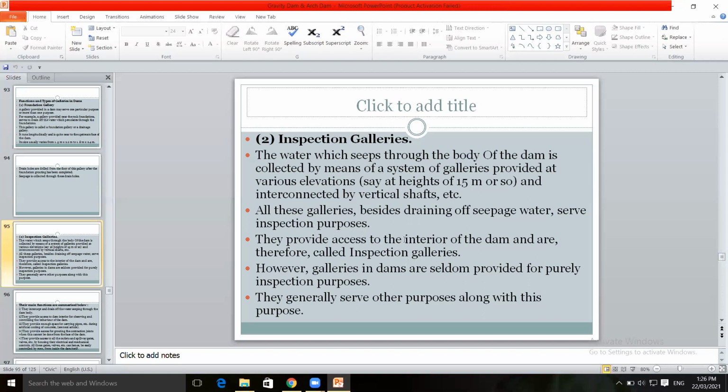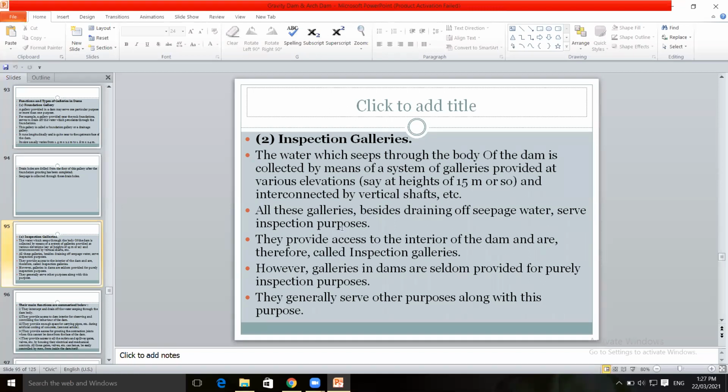So access is provided inside the dam structure. Galleries in dams are seldom provided for purely inspection purposes.